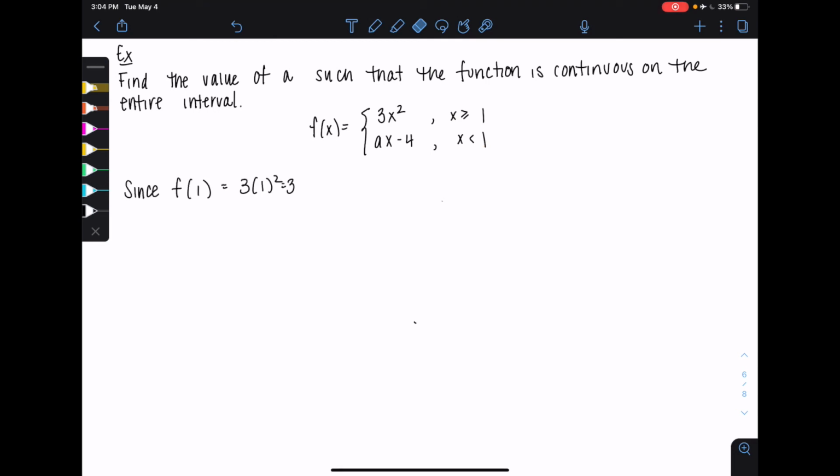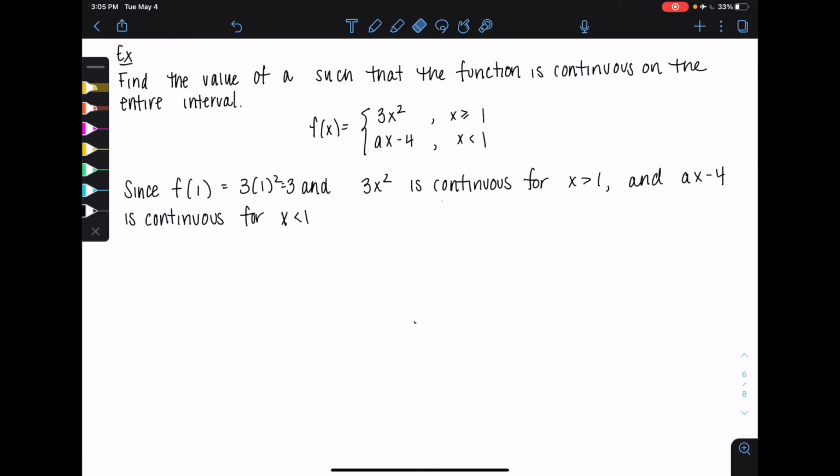So first, we need to make sure our function has an output at 1. If I plug in 1, we're going to use this rule up here, so we would get 3 times 1 squared. So the output is 3. And this piece itself is continuous when x is greater than 1. And likewise, our ax minus 4 is continuous on its domain.